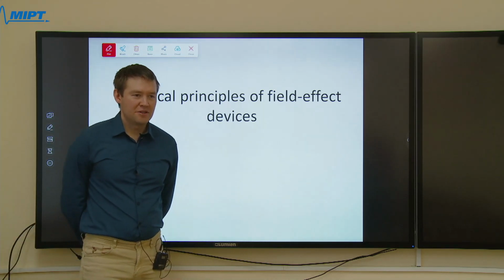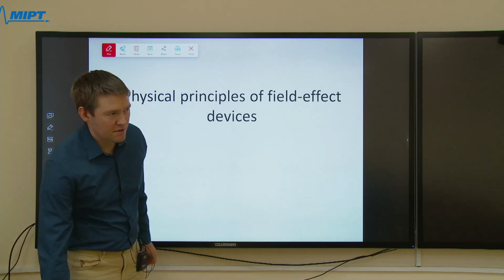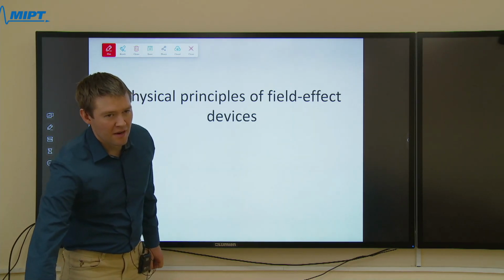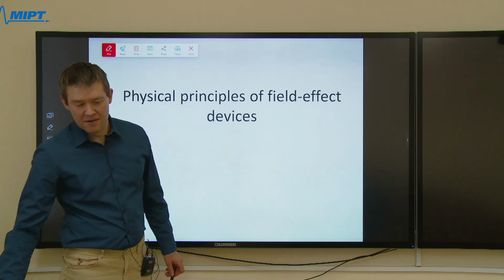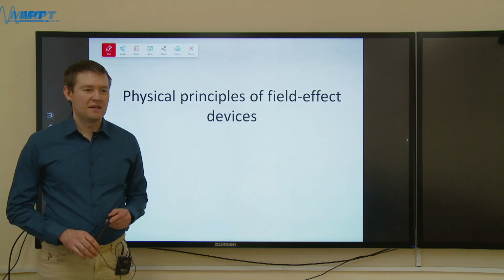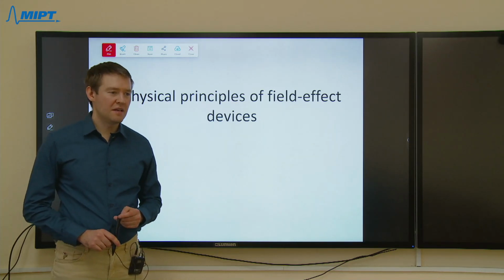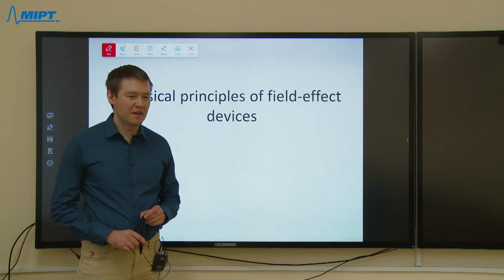Today is our last lecture, and this will be devoted to continuation of field effect transistor theory and description of physics. This is, as I already told you, one of the main devices in contemporary semiconductor electronics.